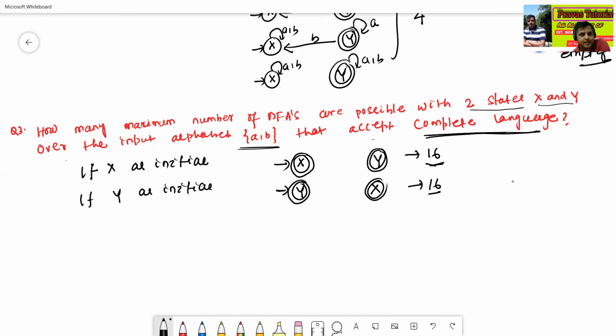We can see, if X is initial, here X is the initial state.